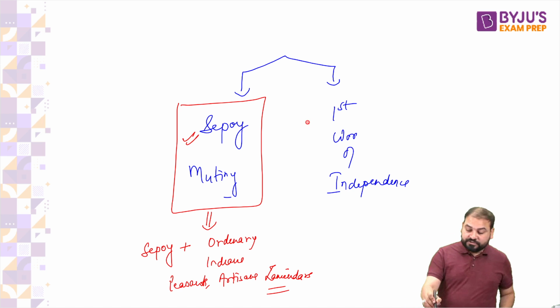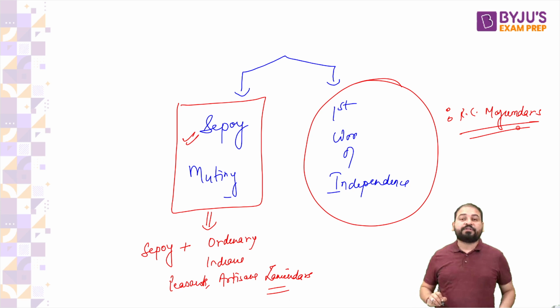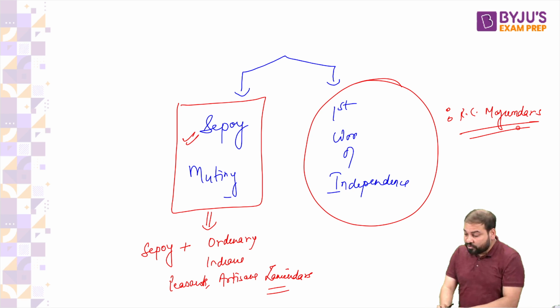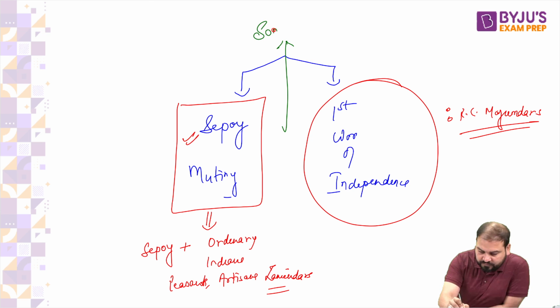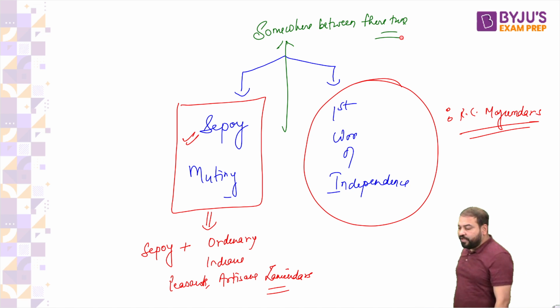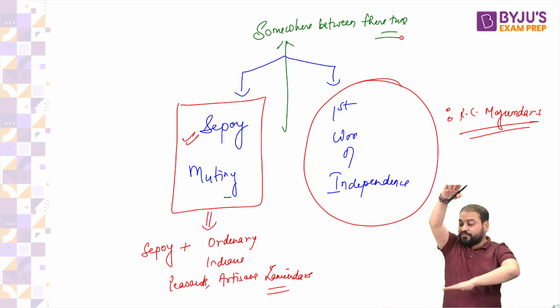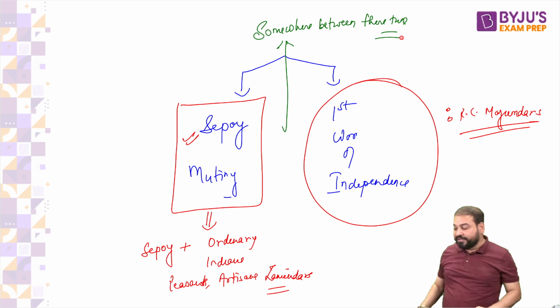But then, just now we saw R.C. Majumdar's statement, which clearly says it is not a first war of independence. So the true picture is somewhere between these two. It is neither a Sepoy mutiny nor a first war of independence, but somewhere between these two extreme ends.